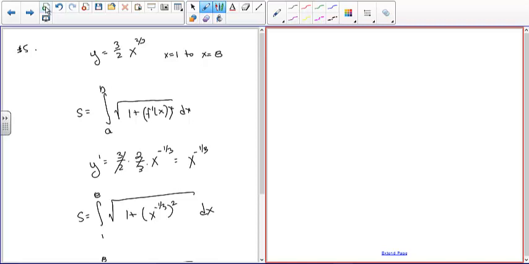So the derivative of the function, you're going to take 3/2, the constant, times the numerator, which is 2/3, and you'll reduce the exponent by 1. So 2/3 minus 1 is -1/3, and the 2/3 and the 3/2 multiplied together give you 1. So you end up with x to the minus 1/3 power.